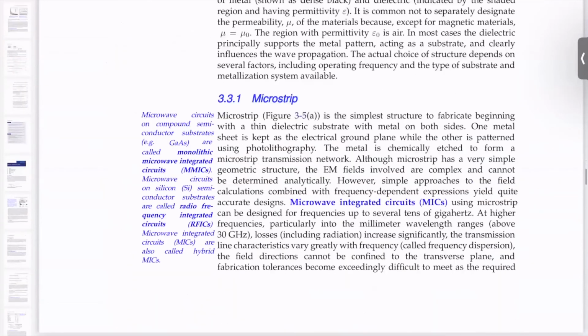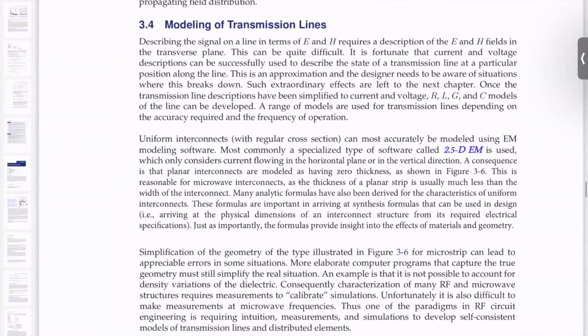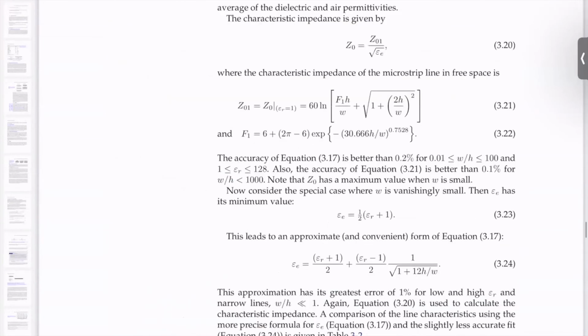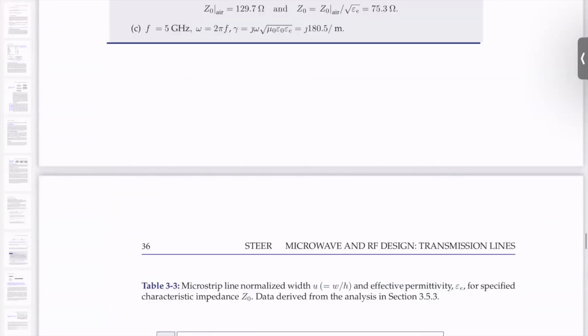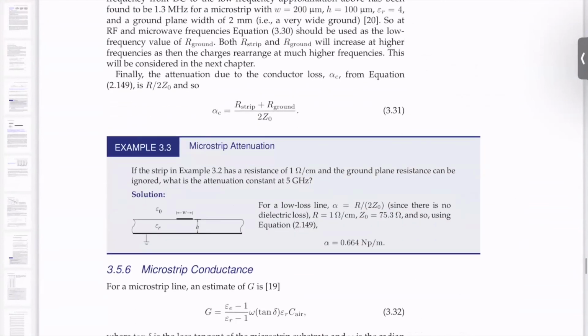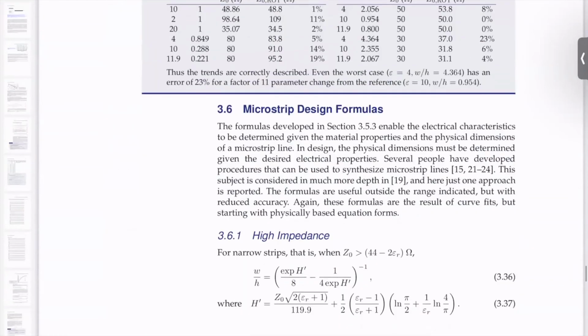You go here and it says design of microstrip, 3.6. There they give you tables also, but 3.6 has the exact formulas. So here, if you know epsilon and H, you find W. And then it says for characteristic impedance above 44, which is 50 ohms for us, you use this formula.